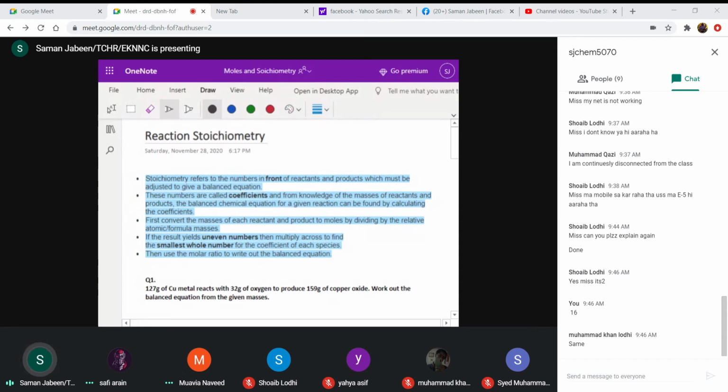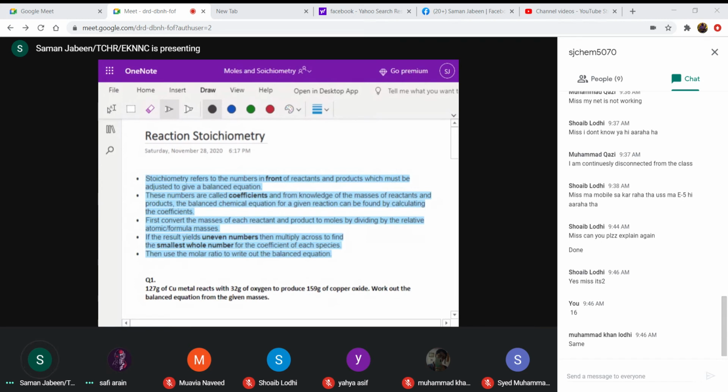So 159 divided by 80. That is 1.98, which means 2.